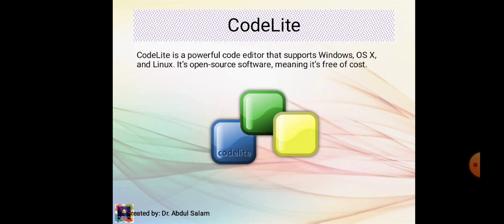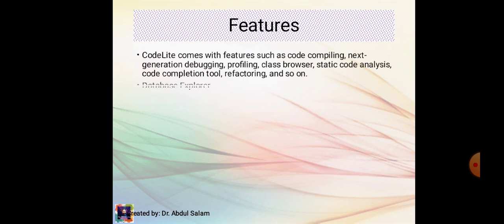CodeLite. CodeLite is a powerful code editor that supports Windows, OS X, and Linux. It's an open source software, meaning it's free of cost. Some features: CodeLite comes with features such as code compiling, next generation debugging, profiling, class browser, static code analysis, code completion tool, refactoring, and so on.